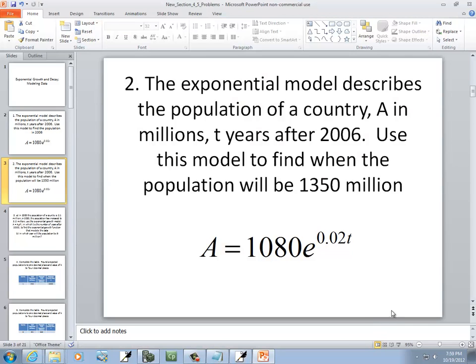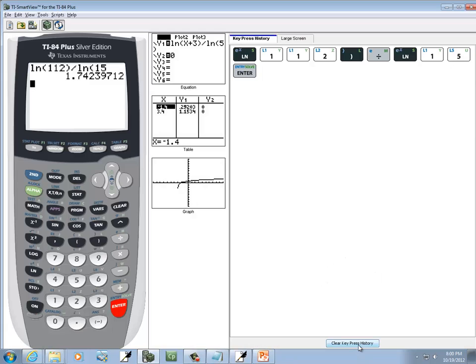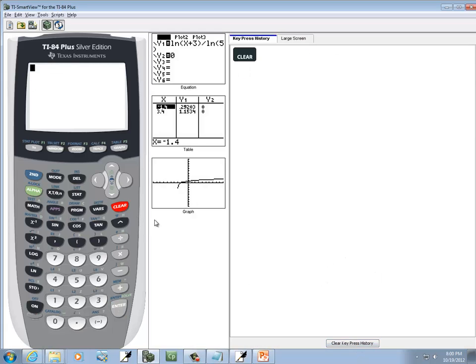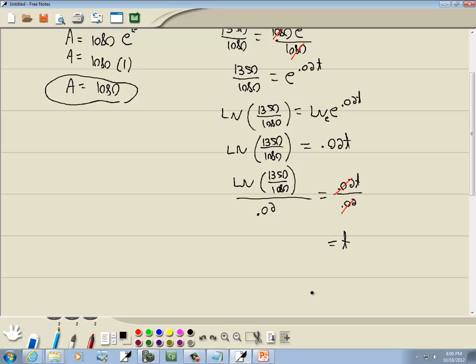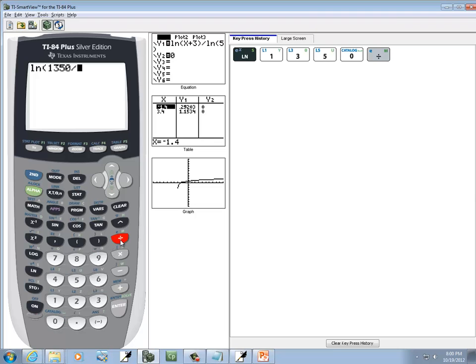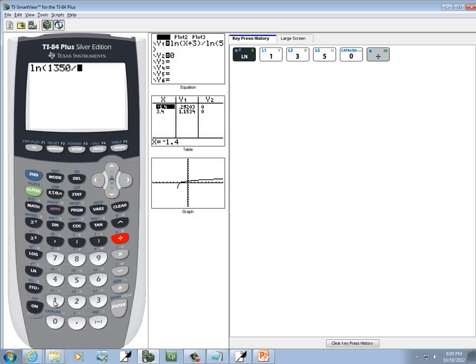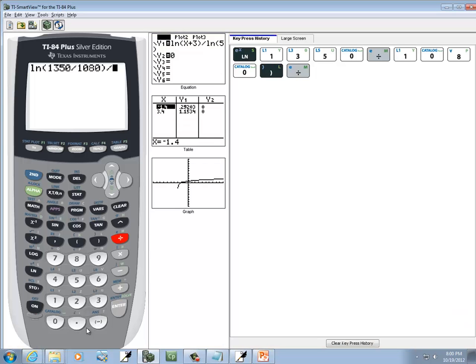It doesn't say how many decimal places, so I'll go over to my calculator. We'll do natural log, 1350 divided by 1080, closing parentheses, divided by 0.02.